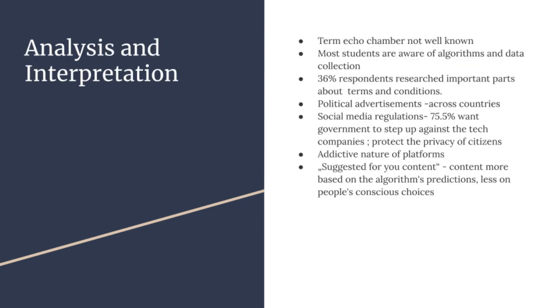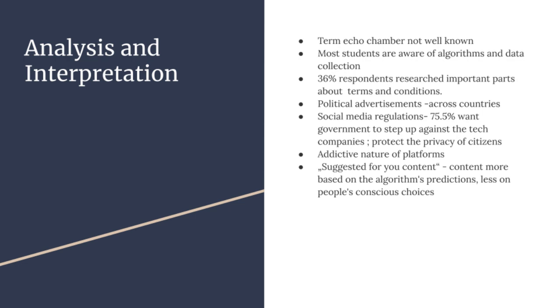A look at the stats on time spent on social media indicates the addictive nature of these platforms, which is facilitated by algorithms that aim at having the user scrolling, liking, and commenting for maximum duration. Another interesting thing is that more than half of students responded with always and often, confirming a large amount of suggested-for-you content.